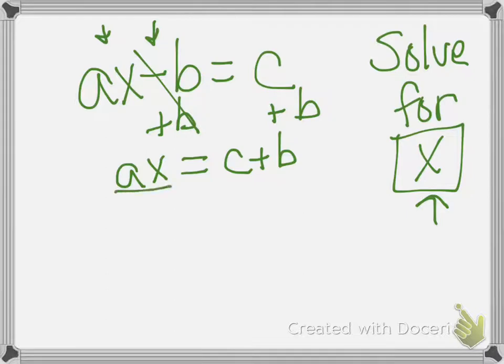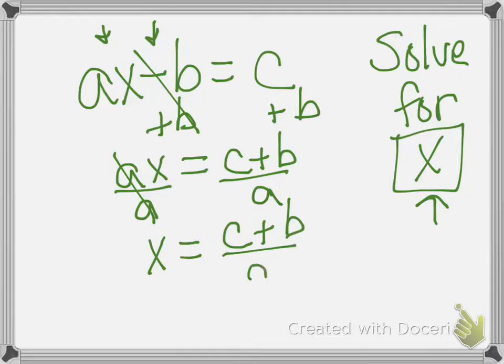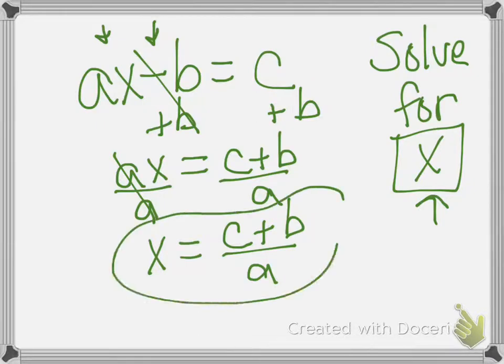So it looks like a little simple division is going to work to get that x by itself. Now remember, we can leave it like this, but we're dividing by both the c and the b, so they have to be on the top of the fraction, in the numerator, and the a has to be in the denominator. X is by itself. That is what they asked for, so I am done here.